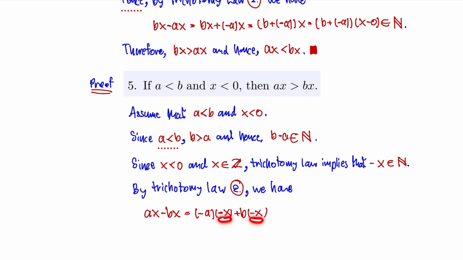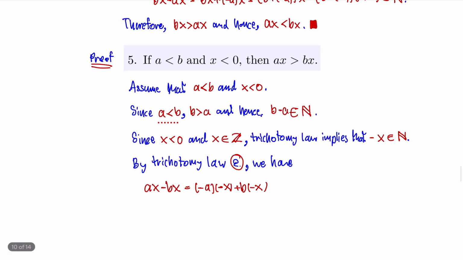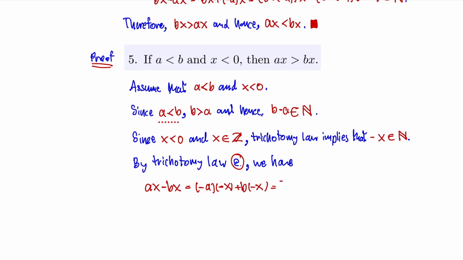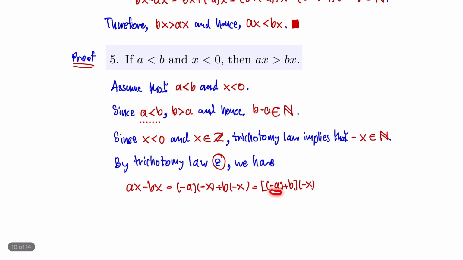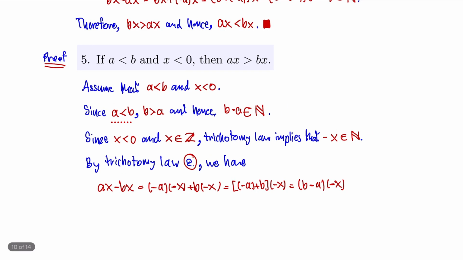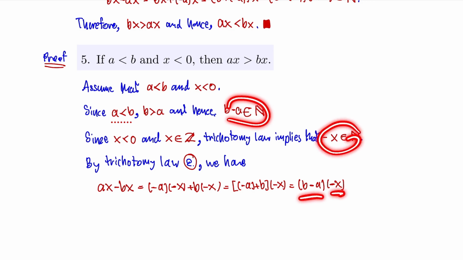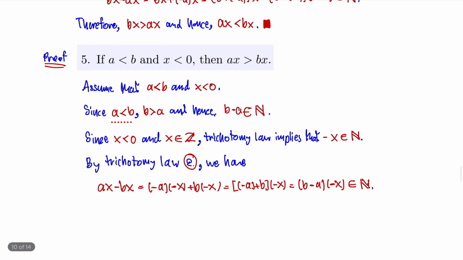We want minus x because minus x is in the set of natural numbers. Then we use the distributive property: we have minus a plus b, times minus x. And minus a plus b is the same as b minus a, multiplying minus x. These are two natural numbers. The product of two natural numbers is in the set of natural numbers by the trichotomy law.